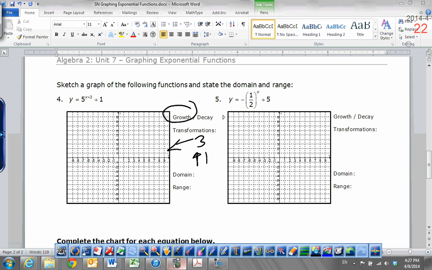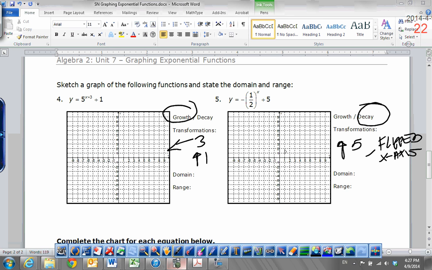Number 5, though, got a couple of good ones here. First of all, it's a decay. That's our first decay problem because of the 1/2. Next one is that it went up 5, and then my negative sign is that it flipped across the x-axis.